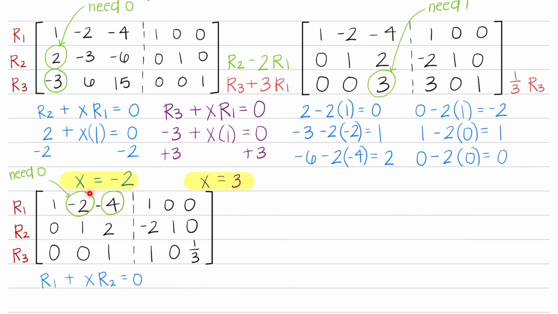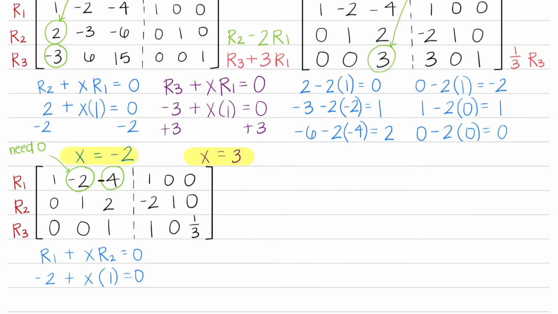Let's plug in what we know. Let's just use that first term, that -2, for our row 1. So -2 plus x times, for row 2, we use the term underneath that -2, so 1, equals 0. If we solve for x, we get that x equals 2. So now we can write our formula as r1 plus 2 times r2.